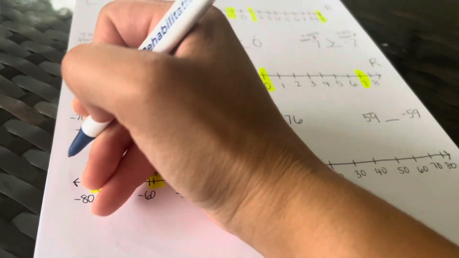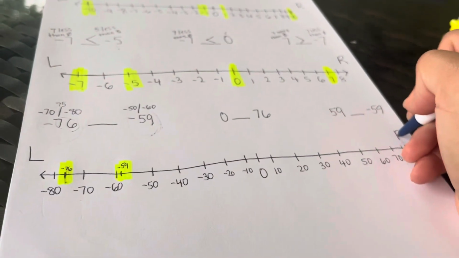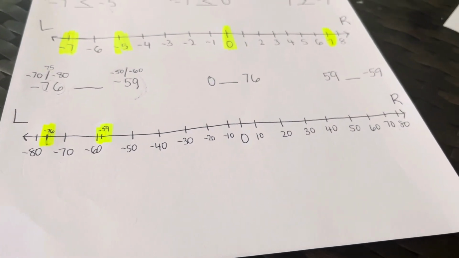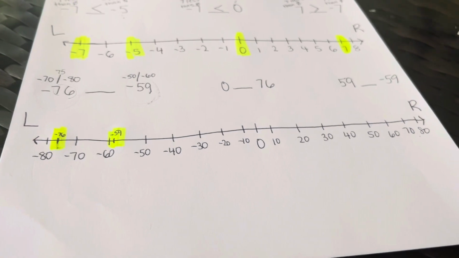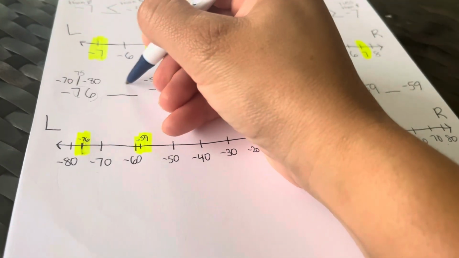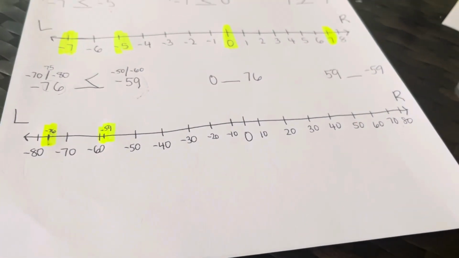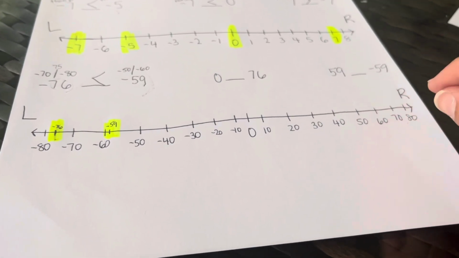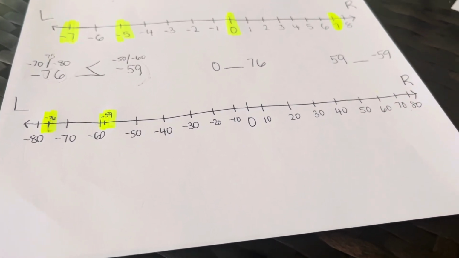Now, the left is still over here. The right is still over here. Negative 59 would be greater for 2 reasons. 1, it's farther right, it's closer to the R than negative 76 is.